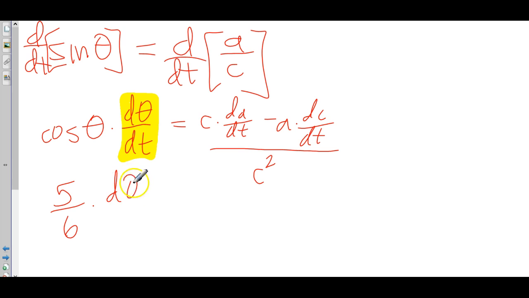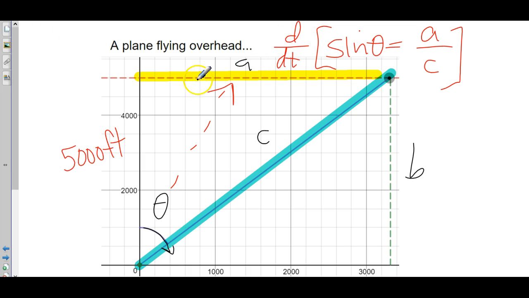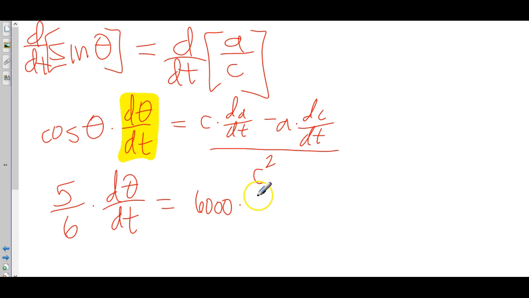Times d theta dt, again what we're trying to solve for, is equal to, now we plug in what we know. C is 6,000 times dA dt. If you go back, dA dt was how fast this plane is moving forward, how fast this horizontal distance is growing, and that was 180 feet per second at that moment in time.